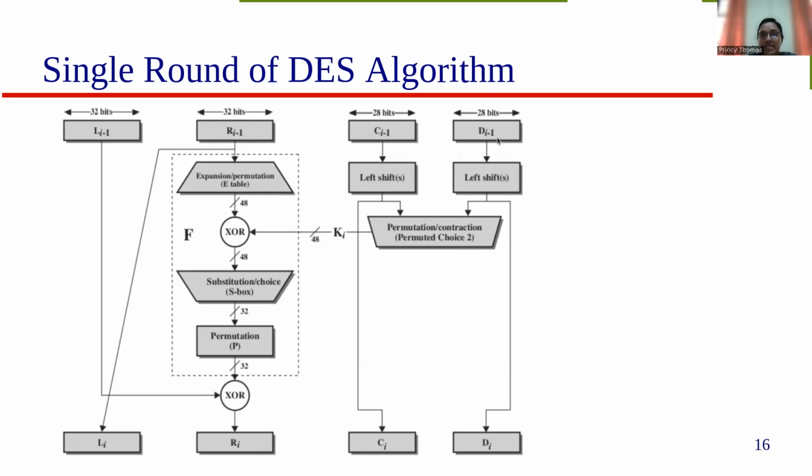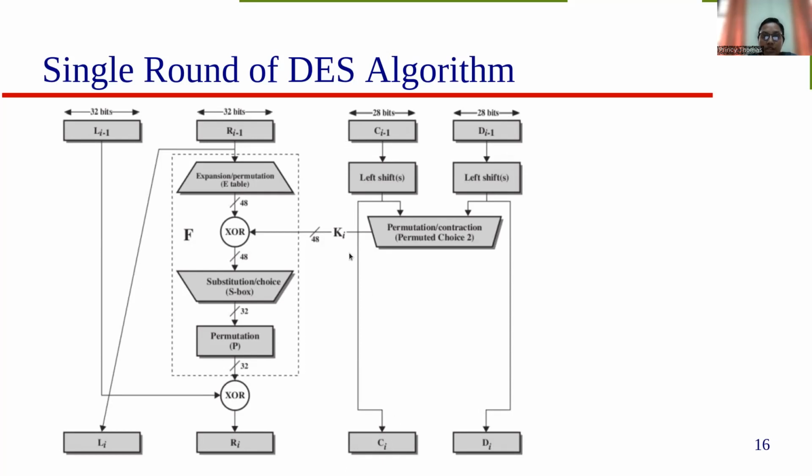The right-hand side is Di-1 and Ci-1 is the left-hand side. A left shift is done for these bits, and that output is given; the Di value is directly given to Di, and this shifted output is directly given to Ci.